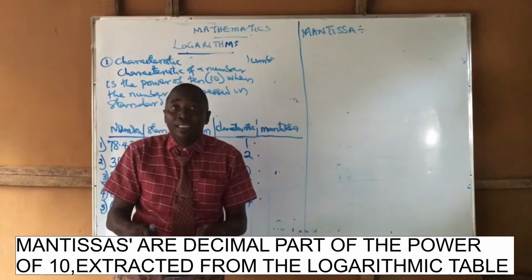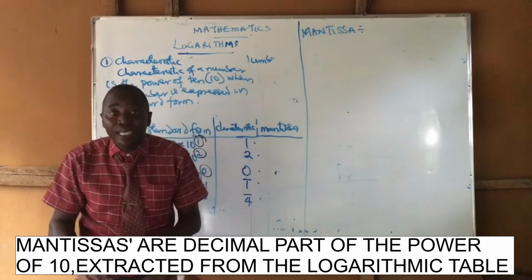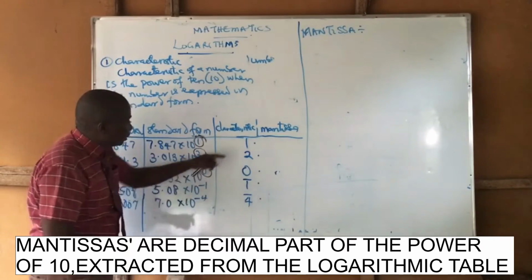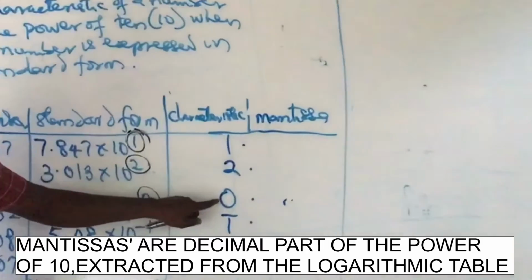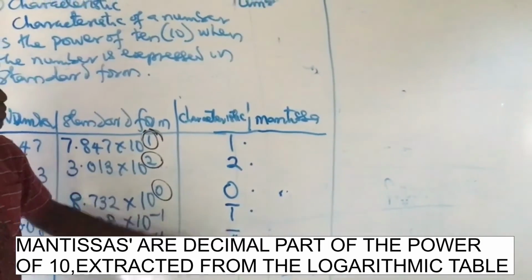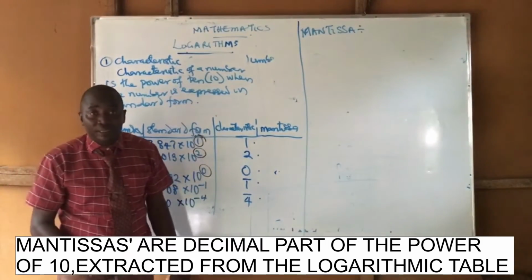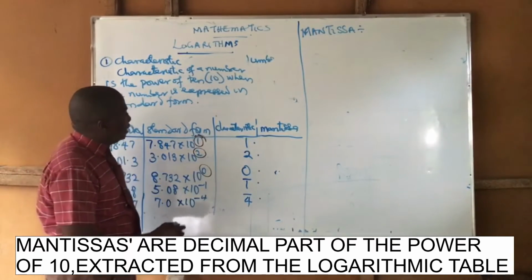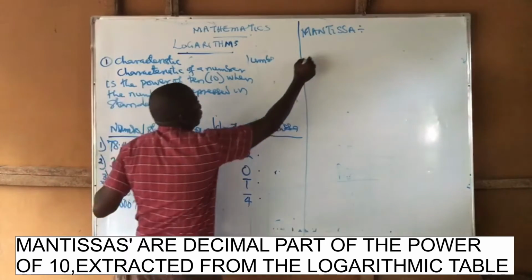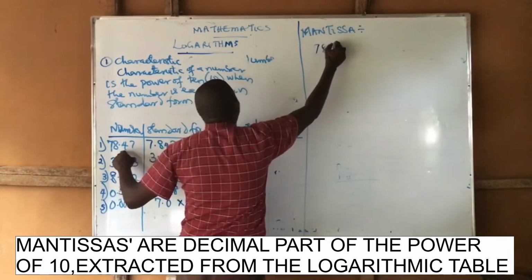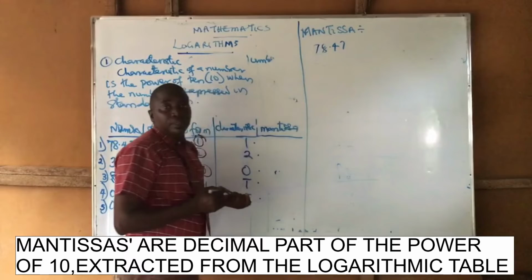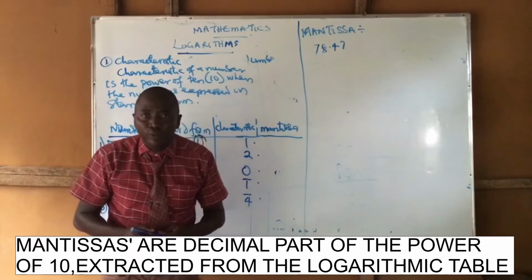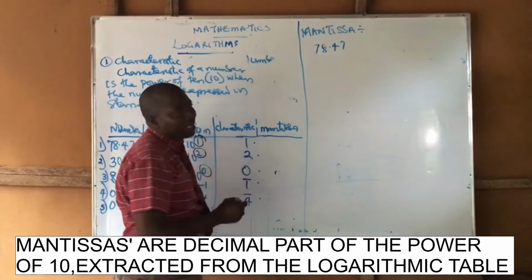Mantissa are decimal and they are positive, while the characteristics can be positive, can be 0, and can be negative. Let us now see how we extract mantissa. When you are checking the number, take for instance 78.47, it is checked in form of significant figure.